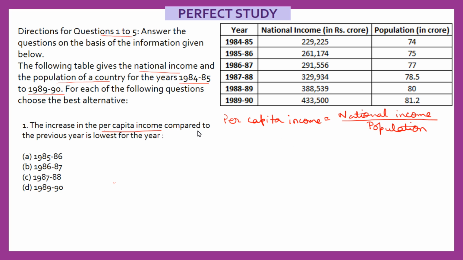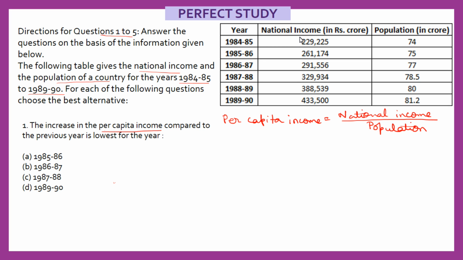Now why this 5 question set is extremely important and interesting also, because seemingly this is a highly calculation intensive and a very difficult one. The reason being, you have to divide all the 6 years income by the population and get the per capita income.